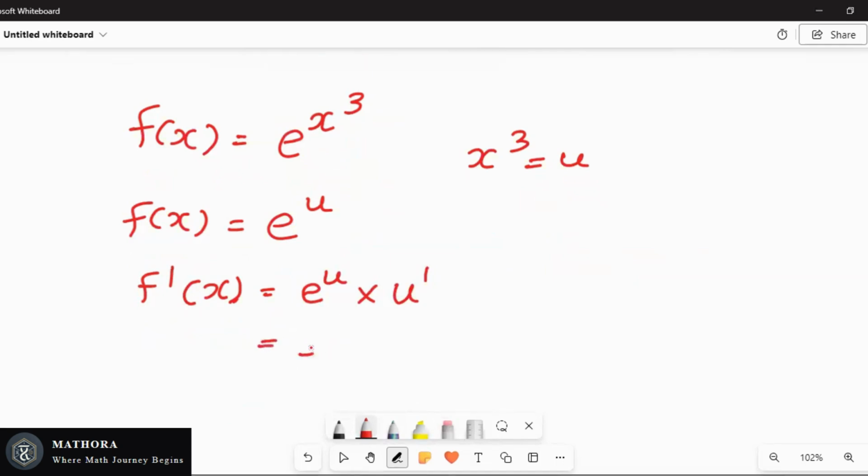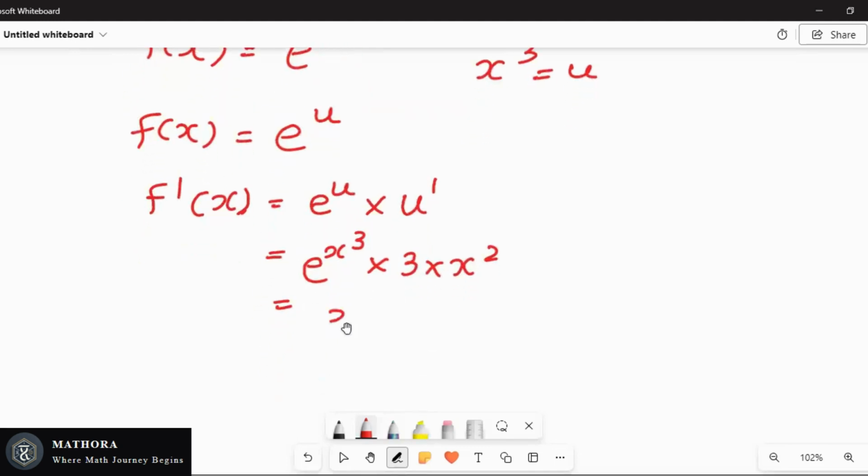So here u means x to the power of 3, times u dash. That means the derivative of x to the power of 3, that will be 3 times x to the power of 2. So the final answer will be 3 times x to the power of 2 times e to the power of x to the power of 3.